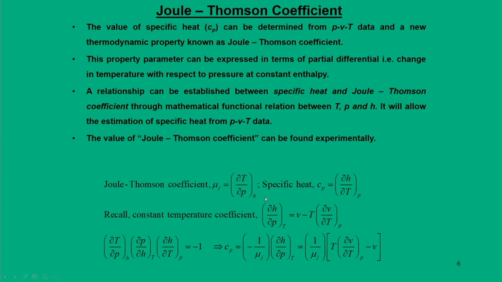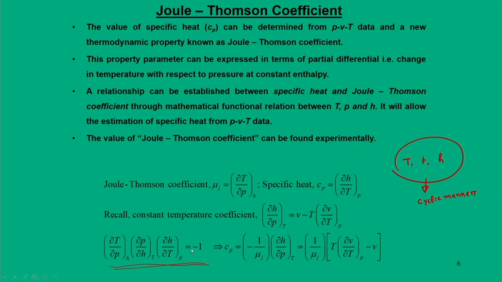Now, the three parameters, temperature, pressure and enthalpy, are three independent parameters functionally related in a cyclic manner. Then we can frame an equation called the cyclic relation: dou T by dou P at constant H into dou P by dou H at constant T into dou H by dou T at constant P is equal to -1.